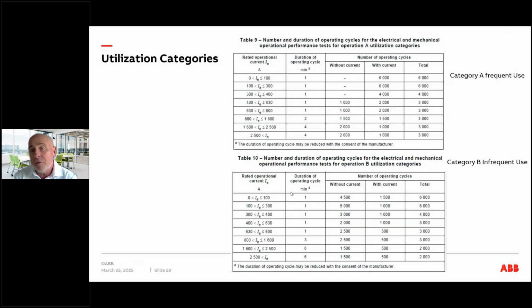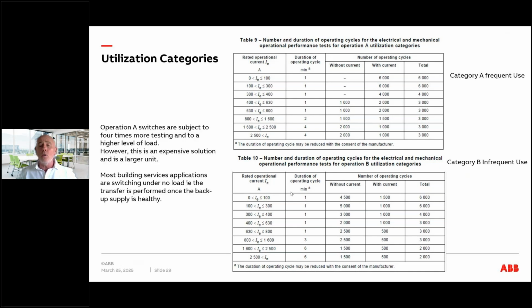With the 100 to 300 amp rating, it's tested with 6,000 cycles, giving you a total of 6,000 switching operations. But the same current rating with category B is split. If you look at a comparison on that, without current, i.e. offload, it's 5,000 cycles, and with current it's 1,000. But the main figure there is the 6,000 operations is still the same. So the difference really between the two is offload and onload.